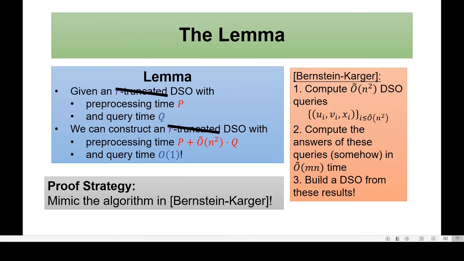And what do we do? We simply replace the first step by answering these queries with the slower DSO. So we can see that our preprocessing algorithm for the faster DSO just invokes the preprocessing algorithm for the slower DSO and asks n squared DSO queries to the slower DSO, so its preprocessing time is p plus tilde O n squared q, and the query time is constant by Bernstein and Karger's construction.